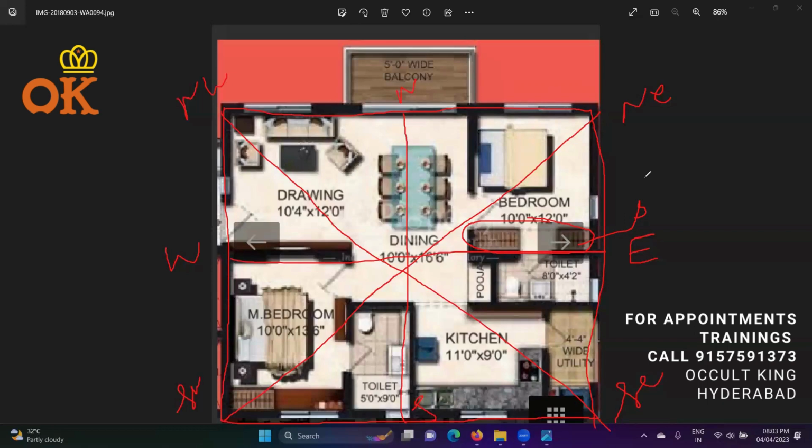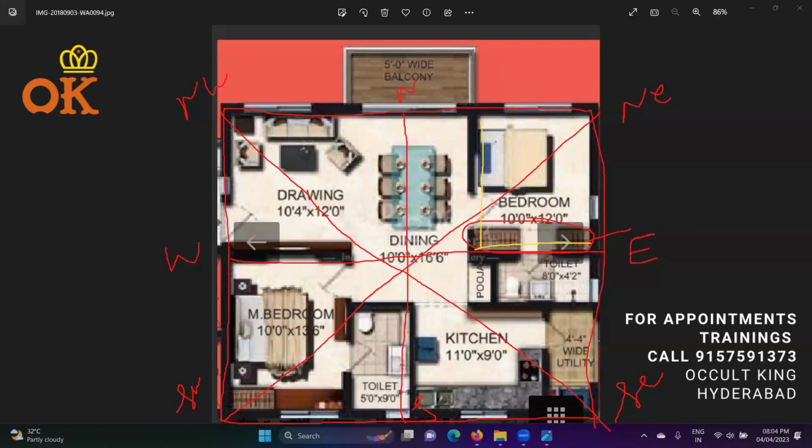The major weights of the property should be in the south direction of the entire house, which is this belt, and the west direction. And when we talk about each individual room, we talk about the south direction of that room and the west direction of that room.